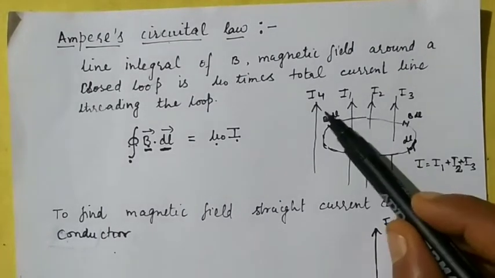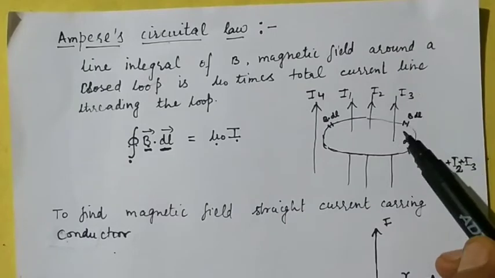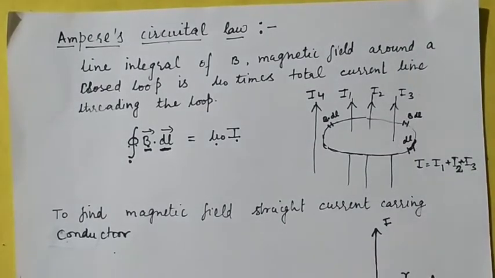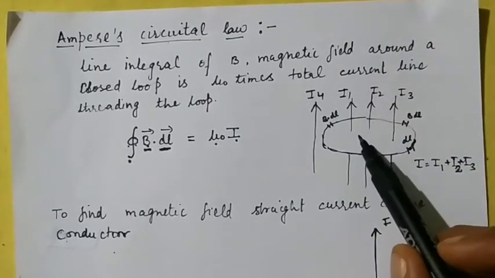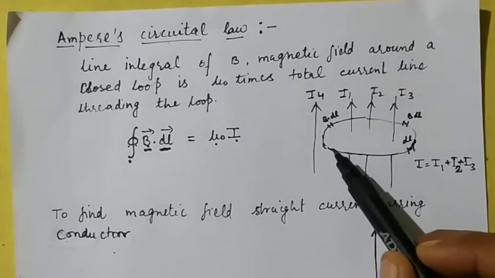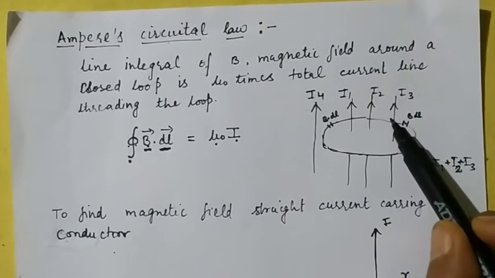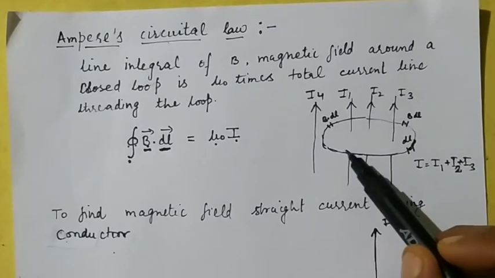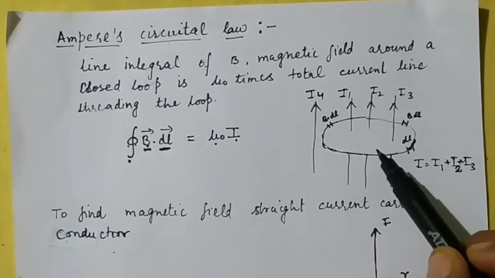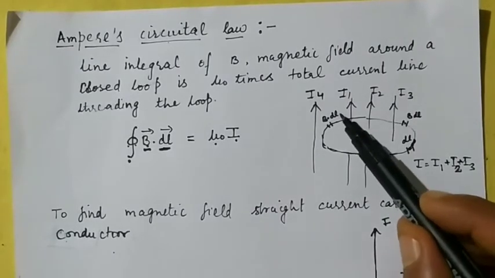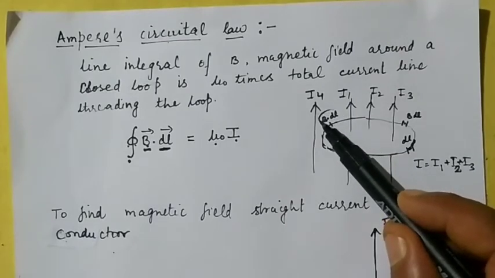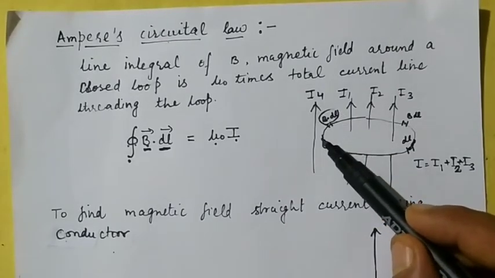I am having these current lines which are passing from down to up. Now I made a closed loop, that is shown by this line. Then I will calculate the product of B dot dl at each and every point.